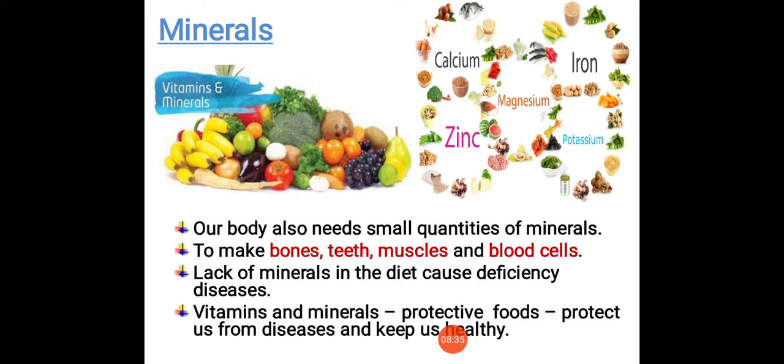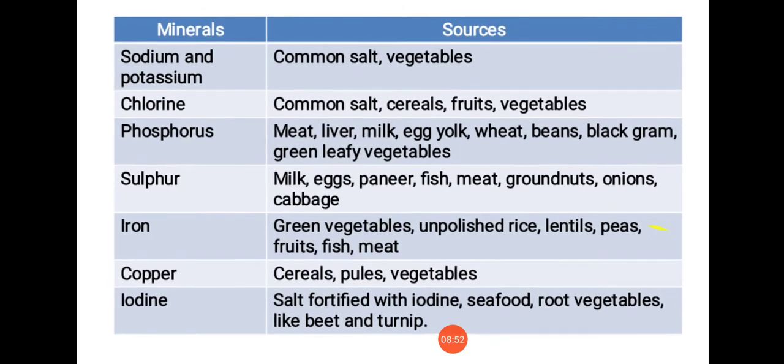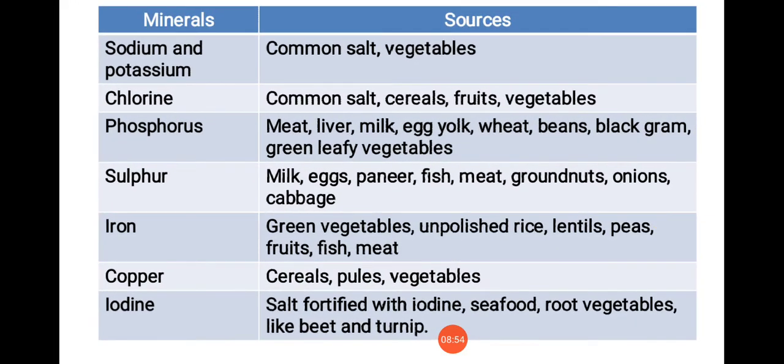The lack of minerals in the diet can also cause deficiency diseases. Some minerals and their sources are listed here. The minerals are sodium, potassium, chlorine, phosphorus, sulfur, iron, copper, iodine and so on.